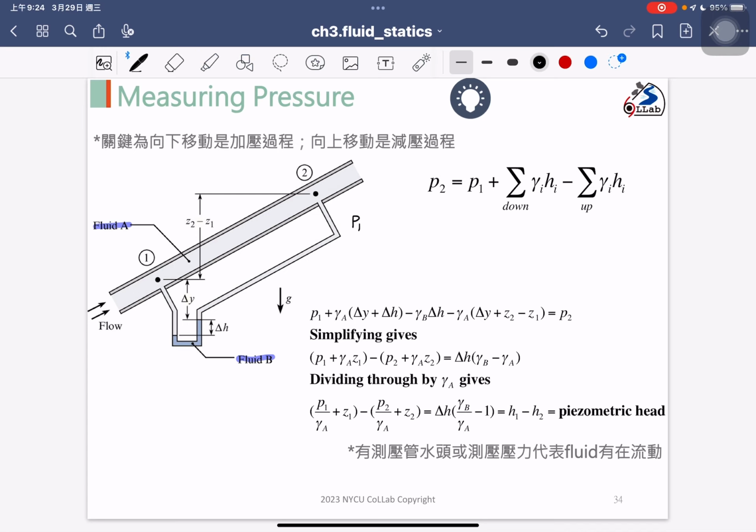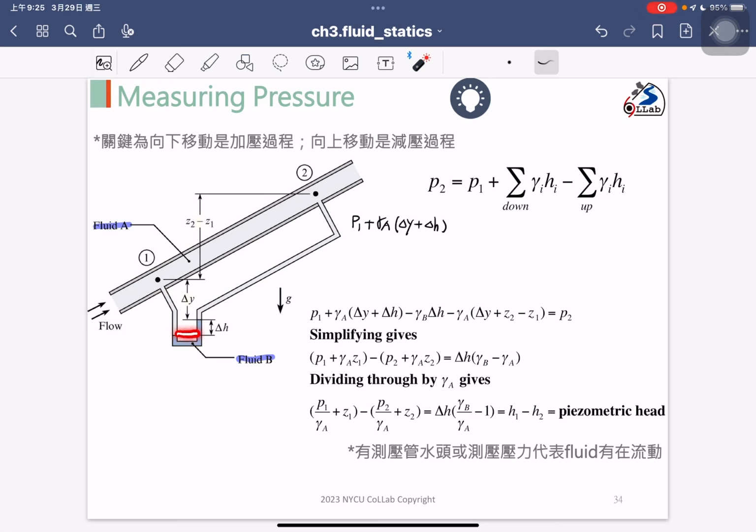So first we are going down, so P1 should be plus, and the liquid here is gamma A. So plus gamma A, and the elevation change is delta Y plus the delta H, right? Because here we have the delta Y and the delta H, and we are going down to this point.